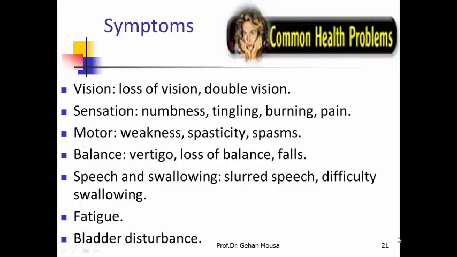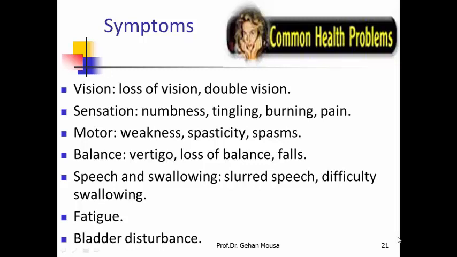Vertigo may result in disequilibrium and disturbance of balance with autonomic manifestations like nausea, vomiting, blurring of vision, and a feeling of instability.